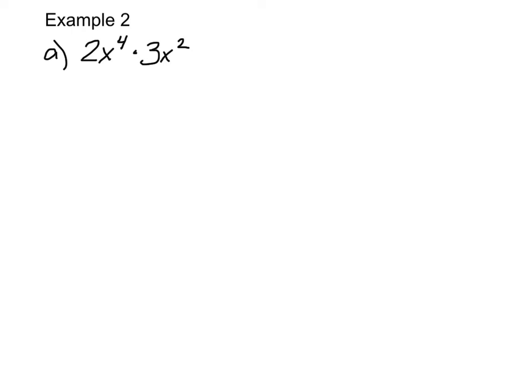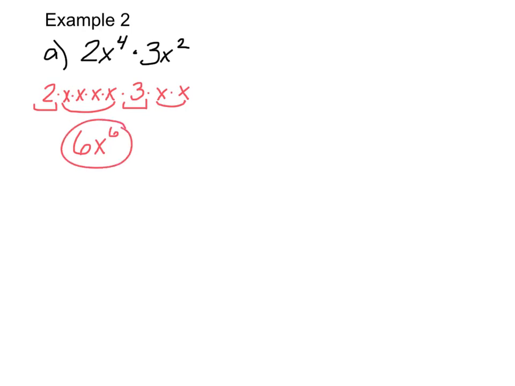This really means 2 times x times x times x times x. That's 2x to the 4th power. Times 3 times x times x. You could then multiply the 2 and the 3 together and get 6. And then how many x's do you have there? You have 6. So this would become x to the 6th. So you would have 6x to the 6th power.